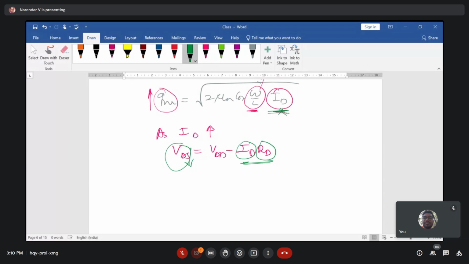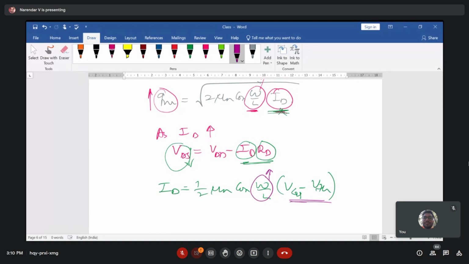If you try to do that, as you increase the W by L as much as you can, you will end up with an increment in your current. So if you write the current ID expression, which is half mu n COX W by L times VGS minus VTH, what we are doing is trying to increase the value of W by L, and you have to maintain this parameter.